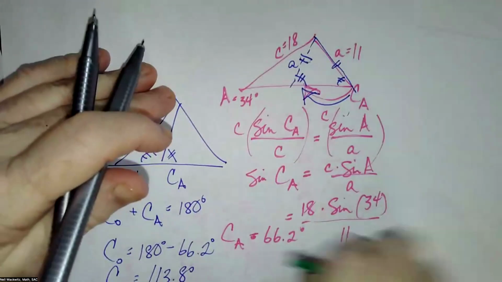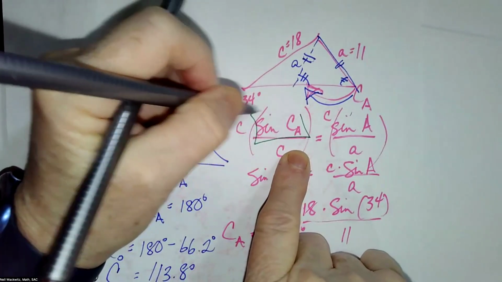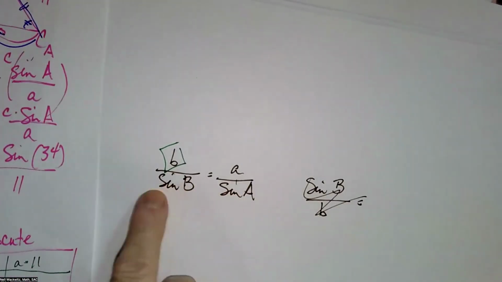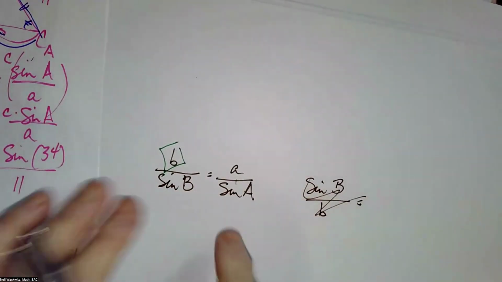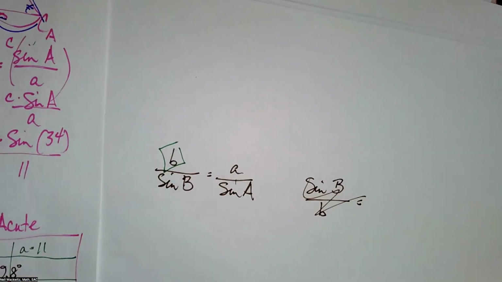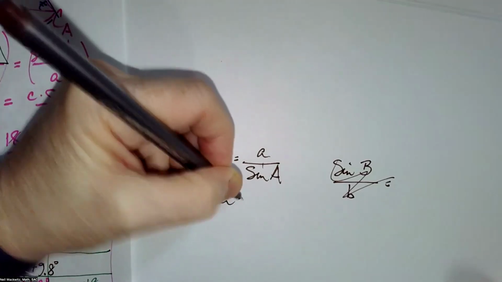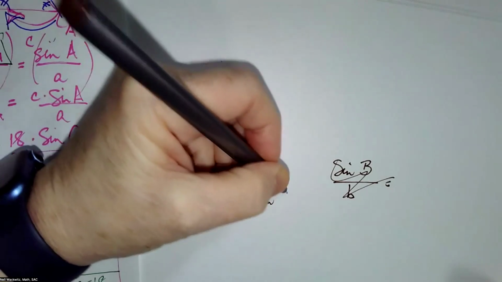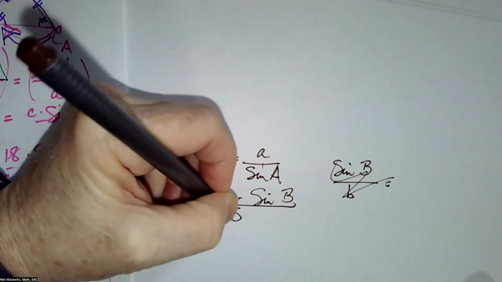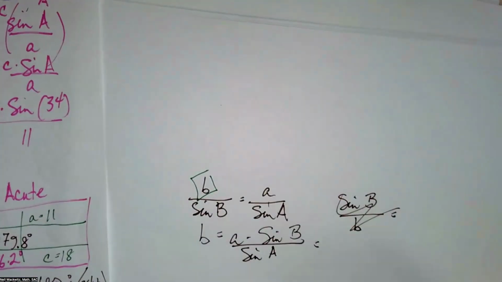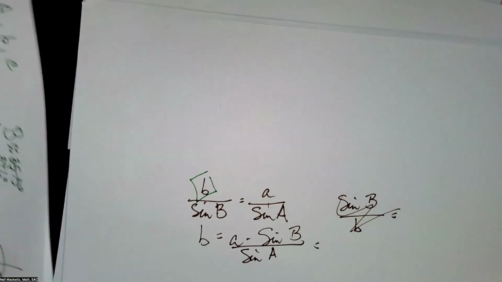When we were looking for an angle, we put it in the numerator. So whatever you're looking for, it helps to have that thing in the numerator so that you can multiply both sides by the denominator. And then it's easy to find the value. So we've got little b is equal to little a times the sine of angle B divided by the sine of angle A. There you are.